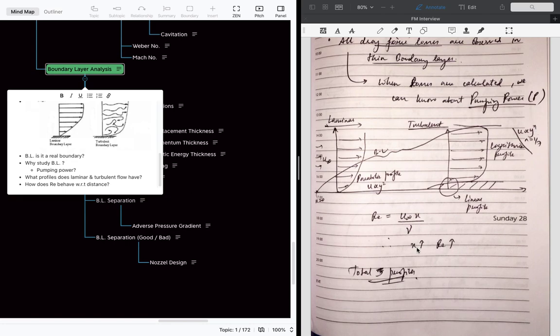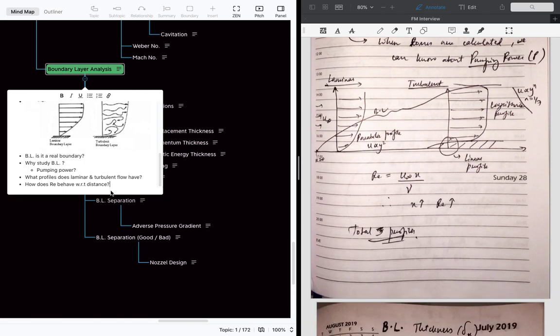And as we know, the Reynolds number is velocity times the distance divided by the kinematic viscosity. Whenever the distance increases, the Reynolds number increases. So there are three properties which decide the Reynolds number, as we have discussed earlier. That's it, till this point we have discussed.